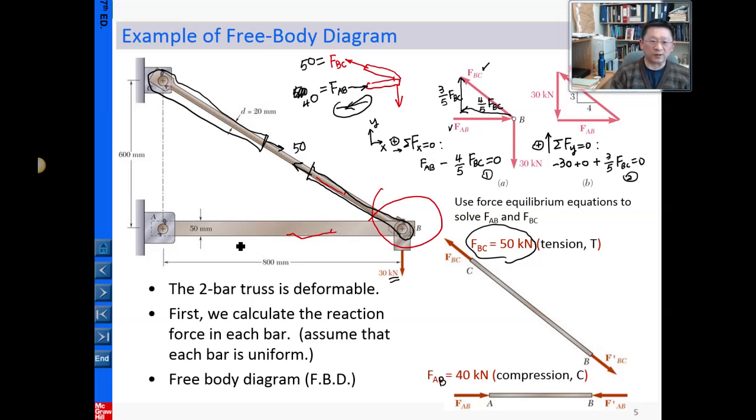In a similar way, if you choose this cross section and pick this portion, then the reaction force should be equal to 40 pointing rightward. However, if you choose this section here, let me draw that one, then the force should be 40 in that sense.